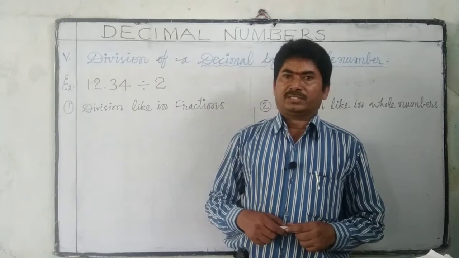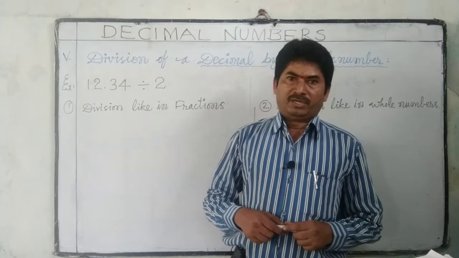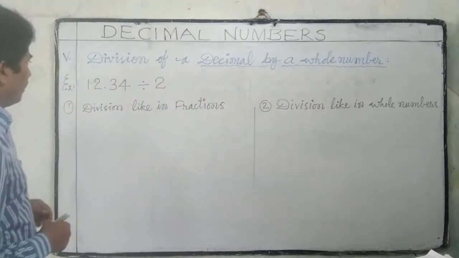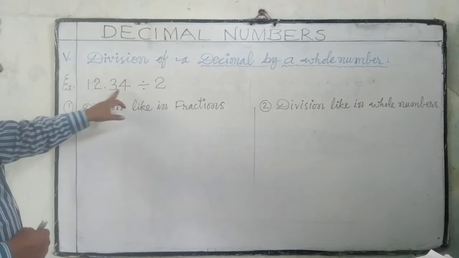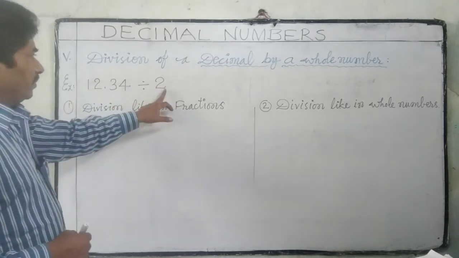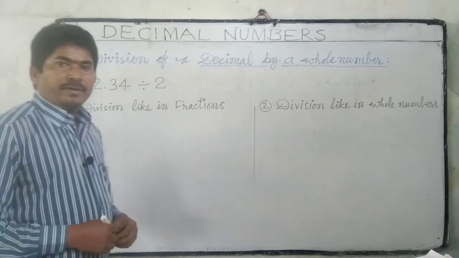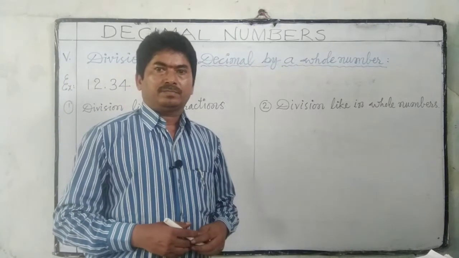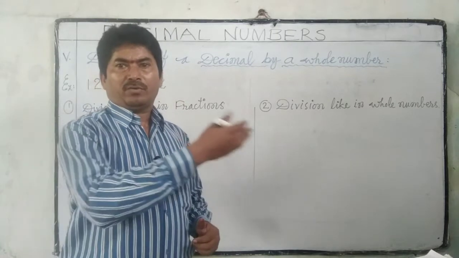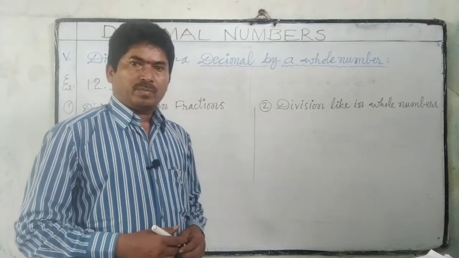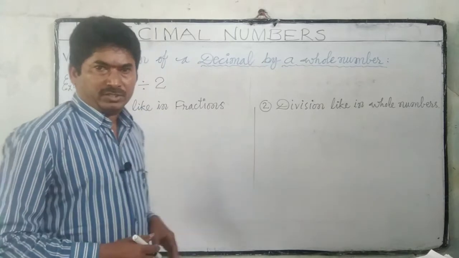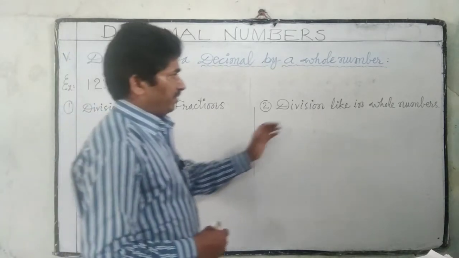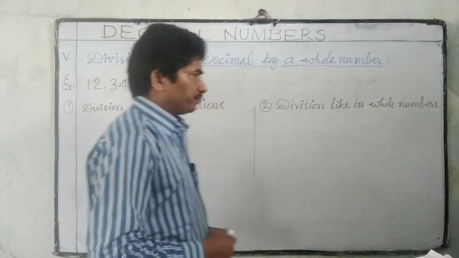To understand this, let us observe an example. 12.34 divided by 2. To solve this, to divide a decimal by a whole number, we have two methods: division like in fractions, and division like in whole numbers.